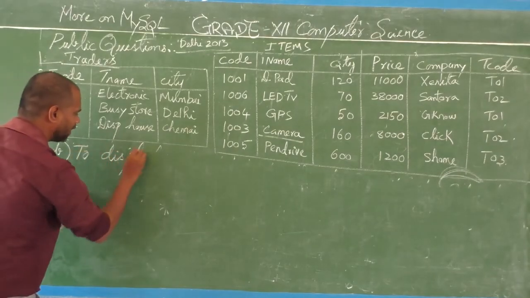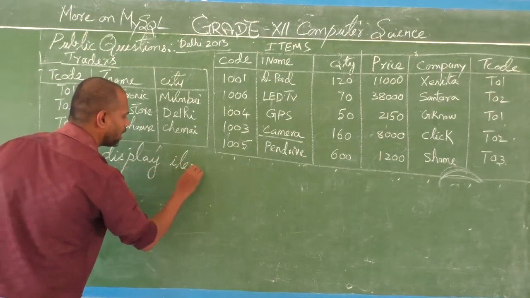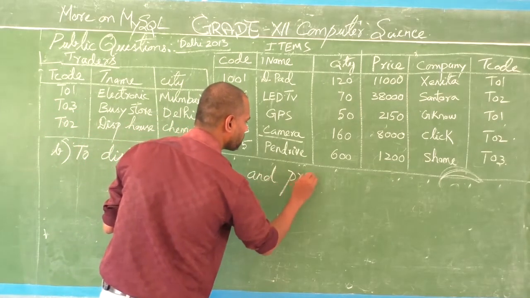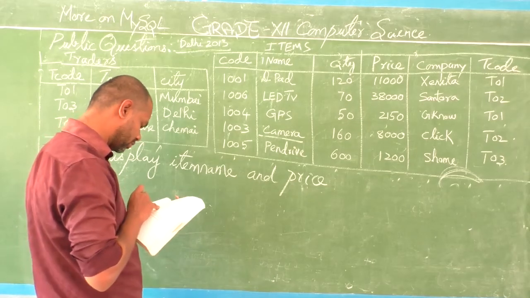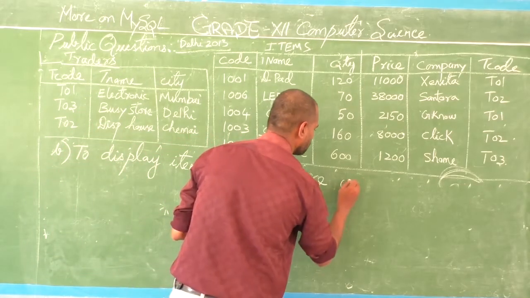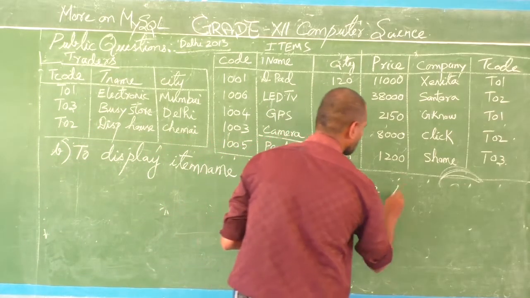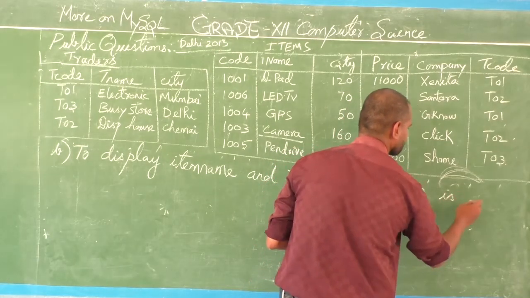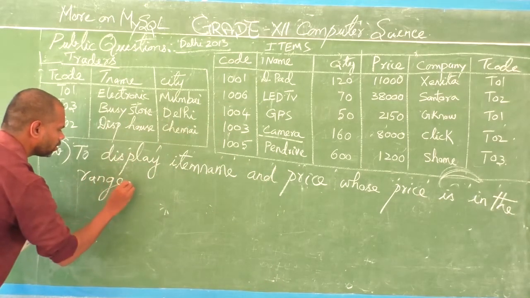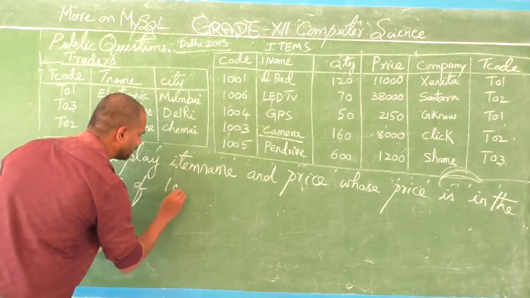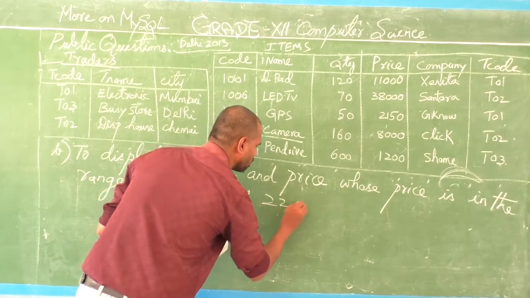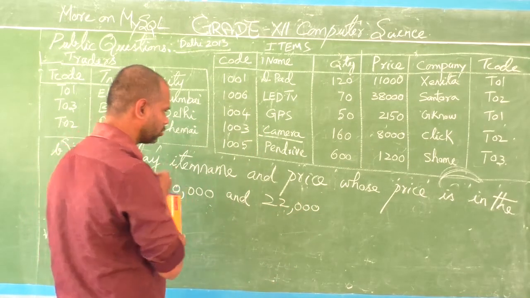To display item name and price, whose price is in the range of 10,000 and 22,000, includes both values.